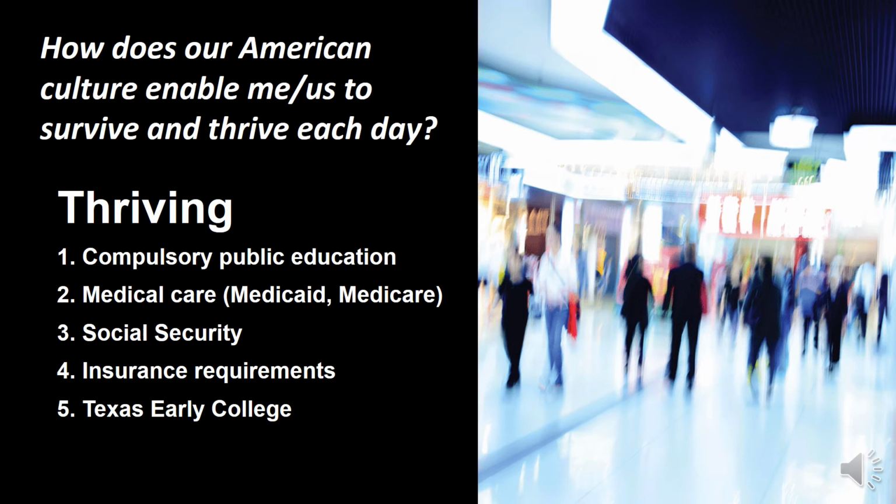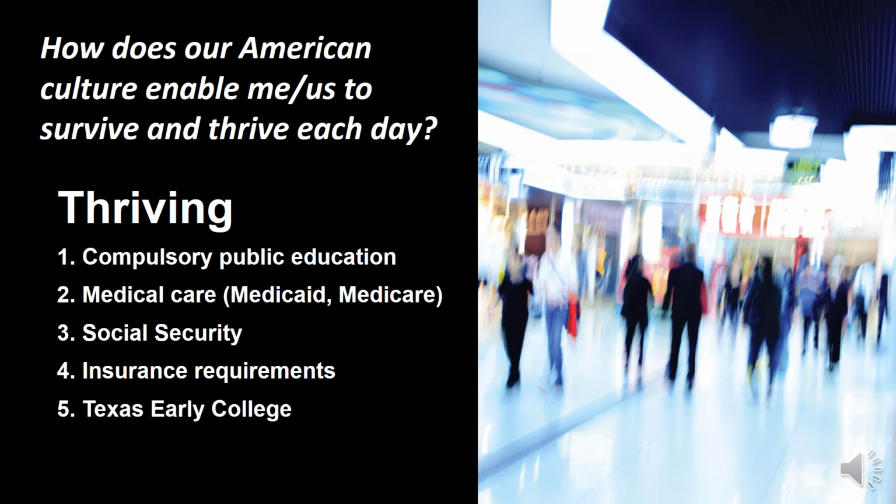So these are some examples. Sometimes this is hard to think about. These are some examples of how American culture has organized itself to enable you and I, both of us, all of us, to survive and thrive. So American society has created compulsory public education.